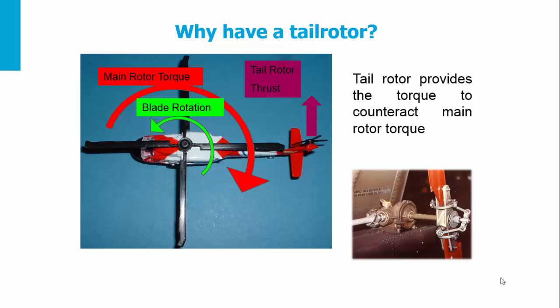The reason why helicopters suffer the torque effect is that the engine is located in the fuselage. So, we need a tail rotor to provide the torque necessary to counteract the main rotor torque. This is mostly in a conventional helicopter.